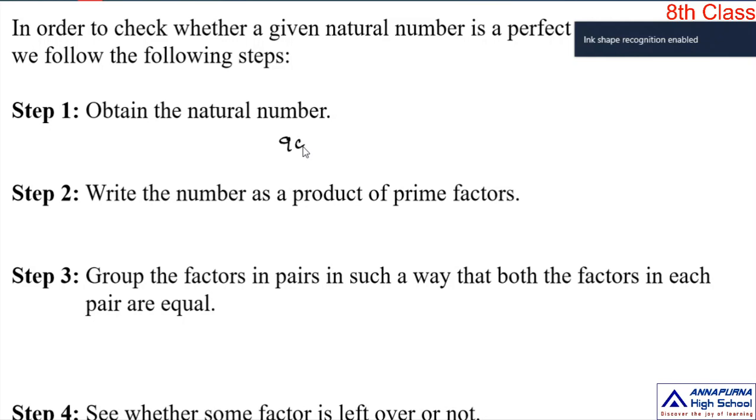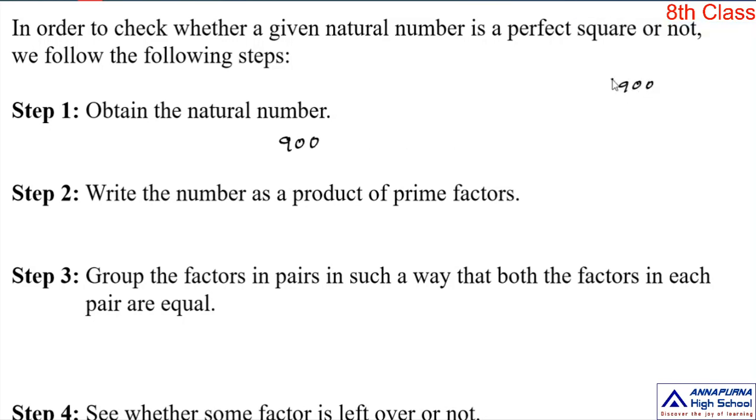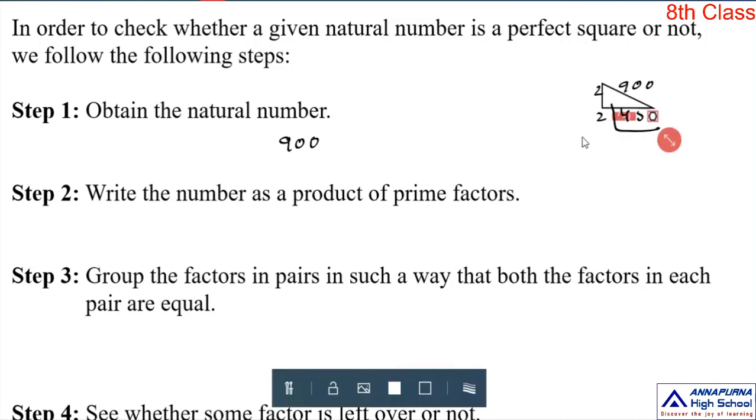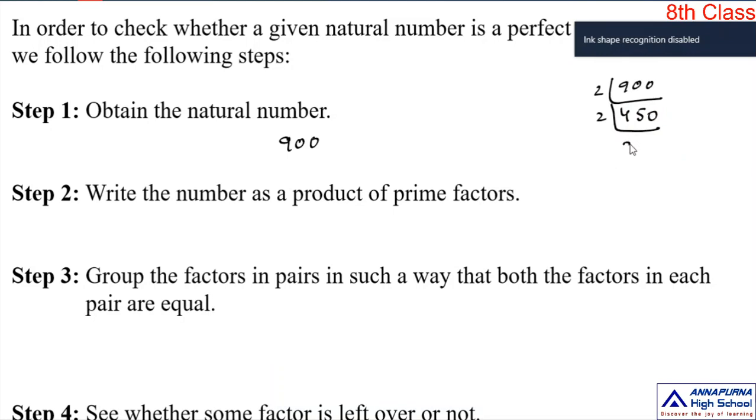900. Its prime factorization is: it's divisible by 2, 450 times, and this 450 is divisible by 2, 225 times.